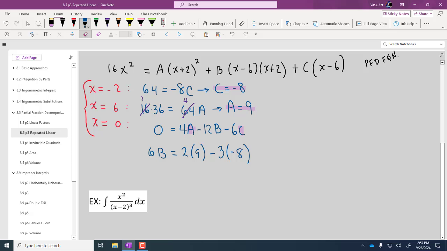So now we just have to solve that for b. So b will be equal to 18 plus 24, 42. 42 divided by 6 is 7. So there is our last coefficient.